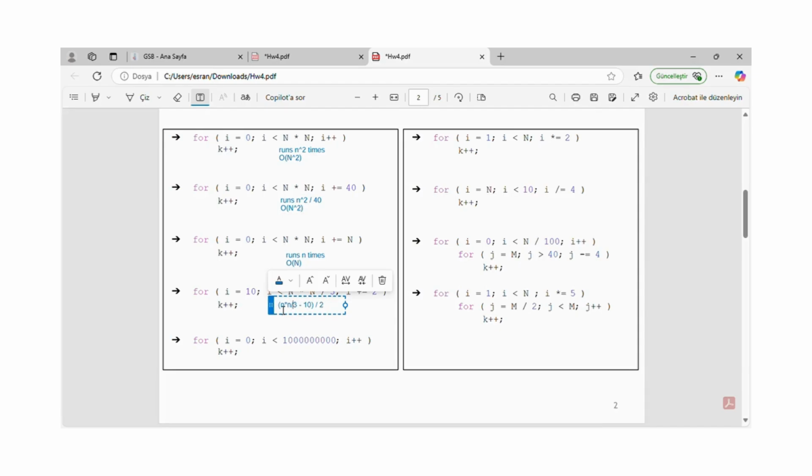It runs about n square times this time. So here our time complexity is O(n square).